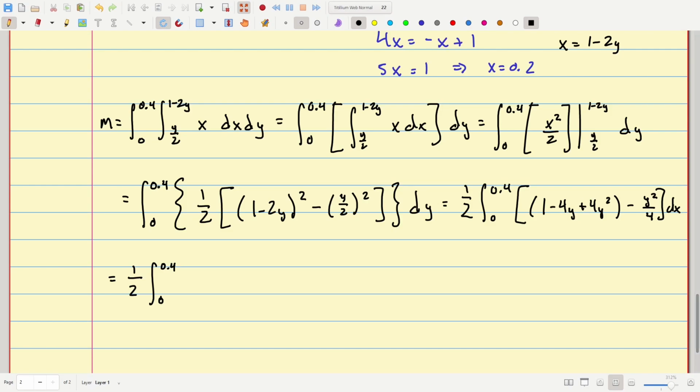We have values to look at now. I see I can combine like terms. 4y squared minus 1/4 y squared is going to give me 15 y squared.